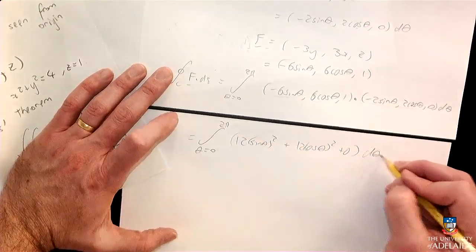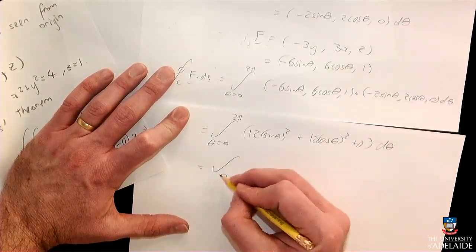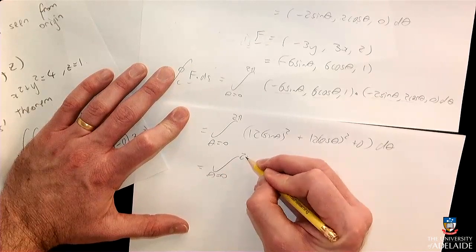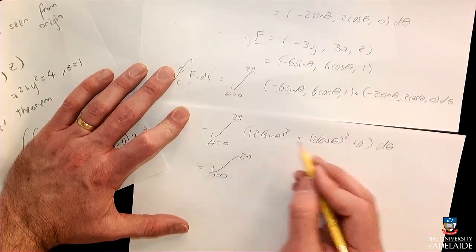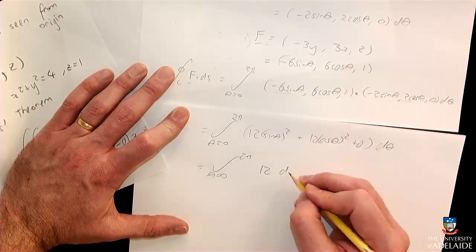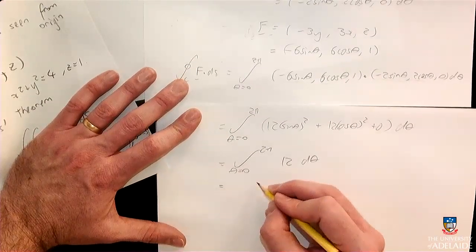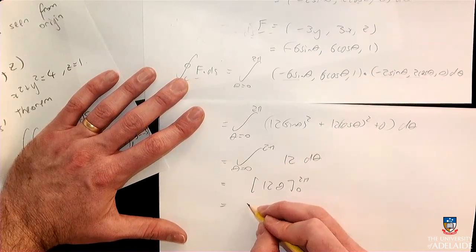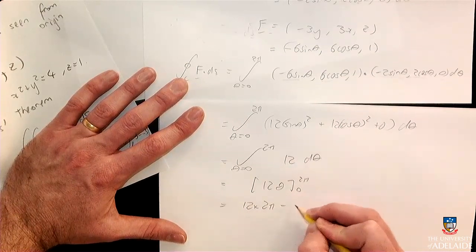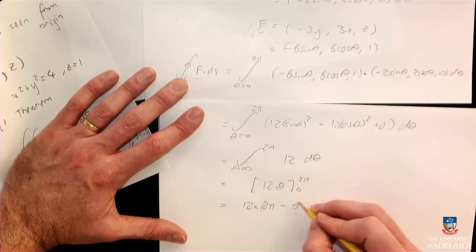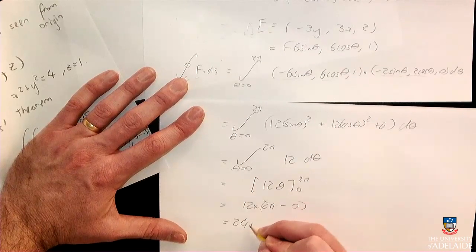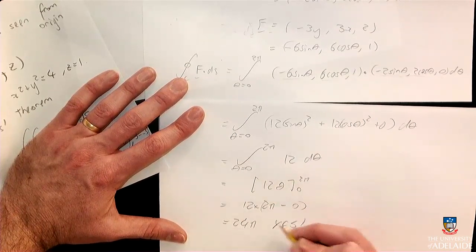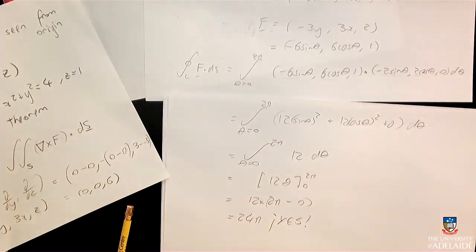Look at that. So sine squared plus cos squared is 1, so we just get 12 d theta, which is 12 theta from 0 to 2 pi, which is 12 times 2 pi minus 0, which is 24 pi. Yes. Though I guess if it's like that, it should be in Spanish, and it should be sí.